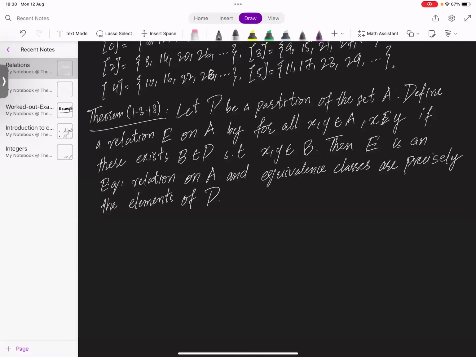So all those non-empty subsets are the equivalence classes for the set A. We can prove this, but there is not enough time and no need to.